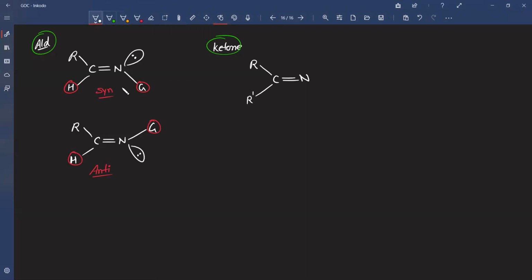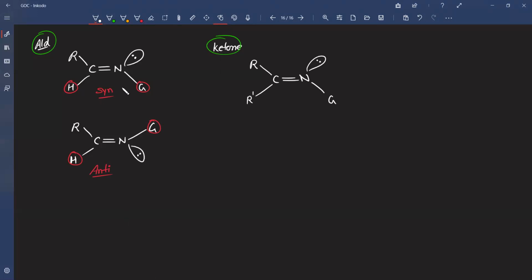So here you don't have anything. You have this lone pair here and the group here. So again, we have to name it. Still, we have to name it, right? So on what basis are we going to name it? Let's see that.